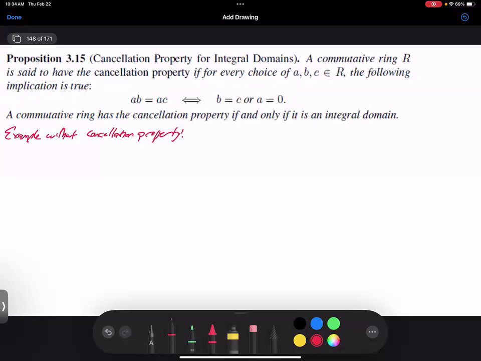Well, it says a commutative ring has the cancellation property if and only if it is an integral domain. We haven't proven that yet, but that's what it wrote. So if you're going to search for a counterexample, you better be searching among rings that are not integral domains. So you need to find a ring that has divisors of 0. Do you know any examples of rings with divisors of 0?